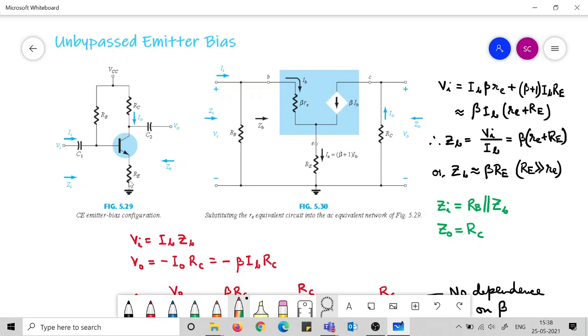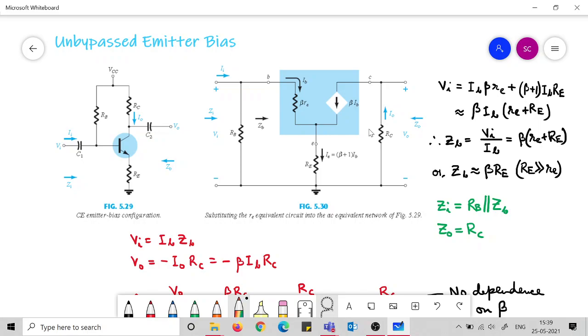After the emitter point, this is capital RE, and after this point in the output side you see beta IB coming here, and the resistance R0 could be connected between these 2 points, C and E. But the RC is between this point and this point. RC is between C and ground. So we have not connected R0 here because R0 is quite high, and the connection of R0 would unnecessarily make the analysis more complex.